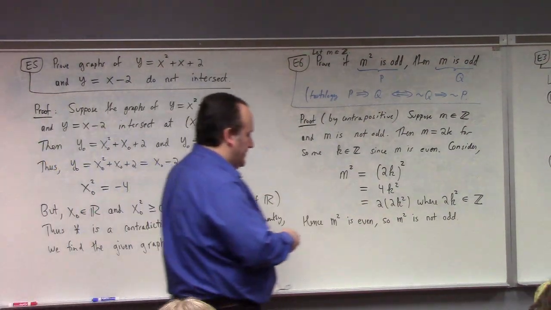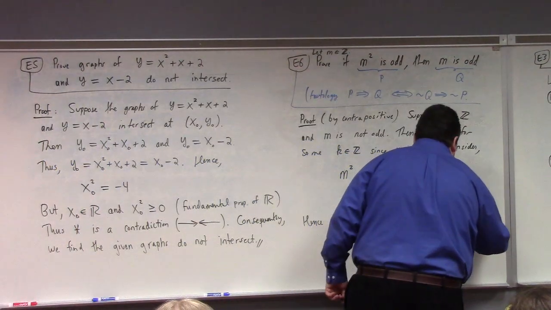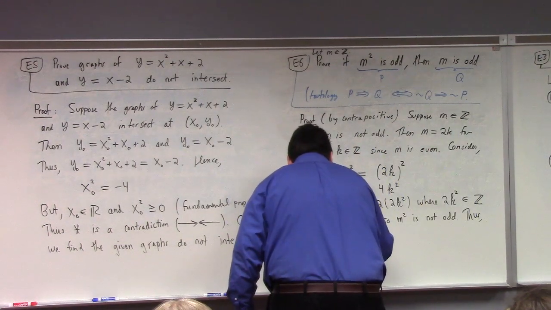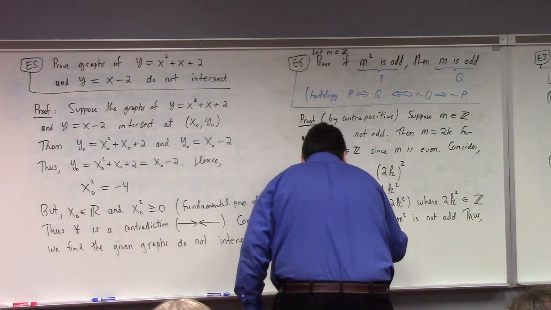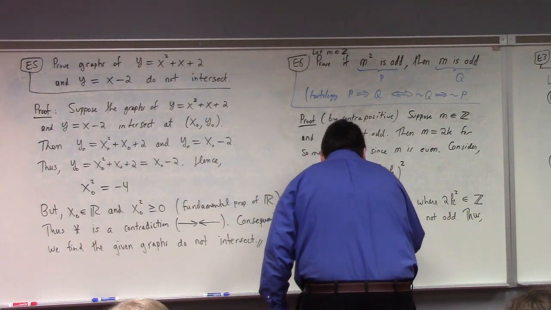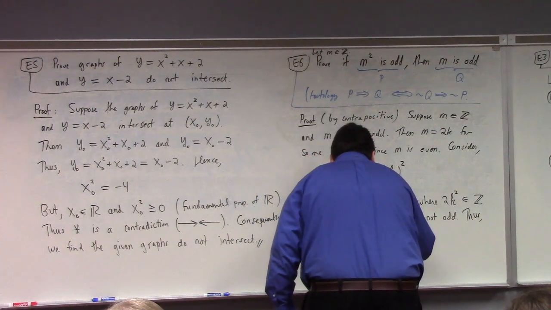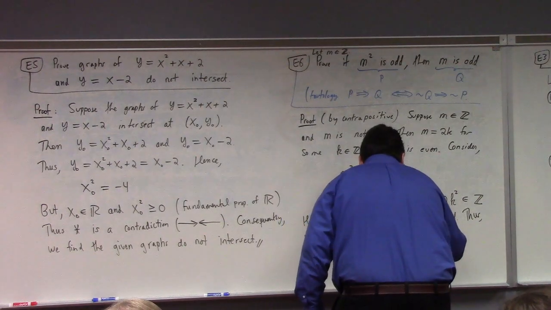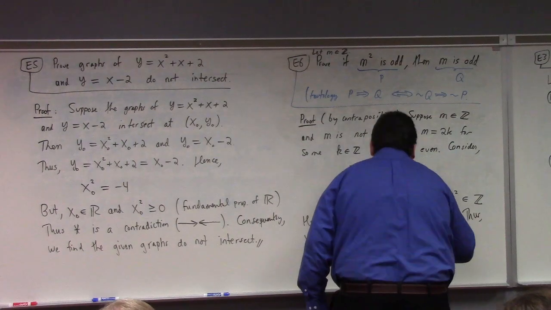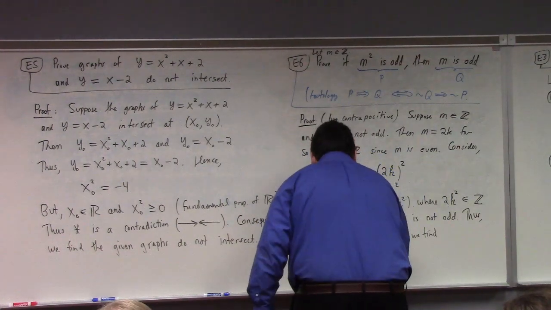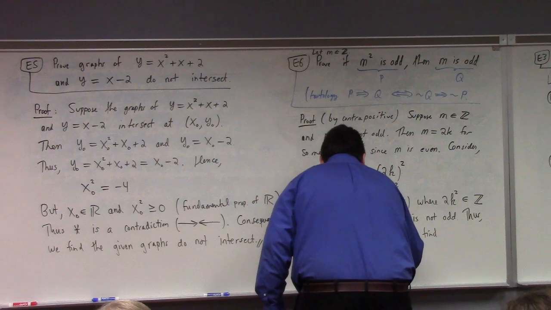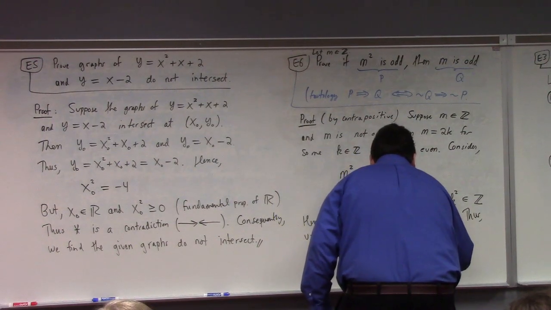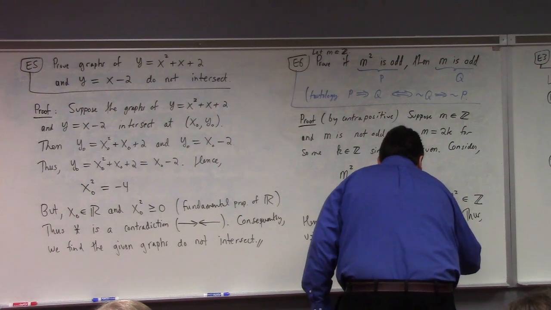Therefore, by proof by contraposition, or if you like, contrapositive, we find m squared odd implies m is odd. End of proof.